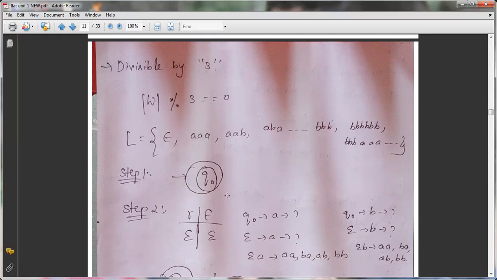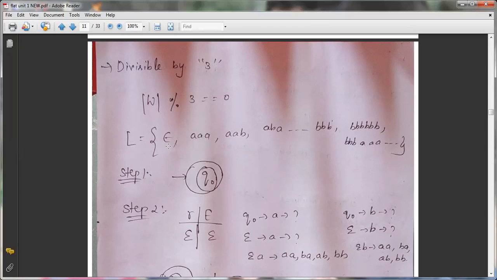That means I am not giving any condition here. Any number of A's can be there, any number of B's can be there, but this should be divisible by 3. I am not taking any condition that only A's can be there, or only B's can be there, or this number of A's or B's can be there. Okay. So if it is divisible by 3, then it should satisfy that condition.